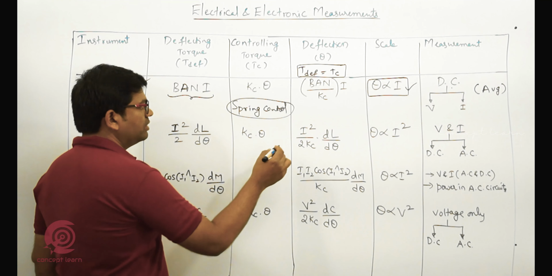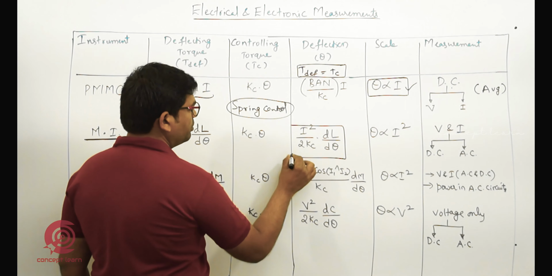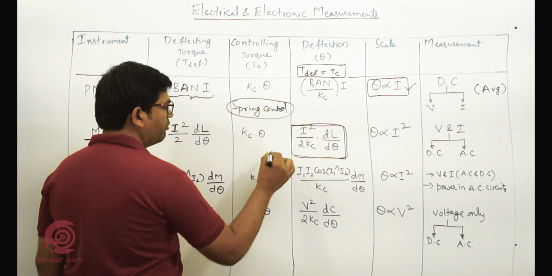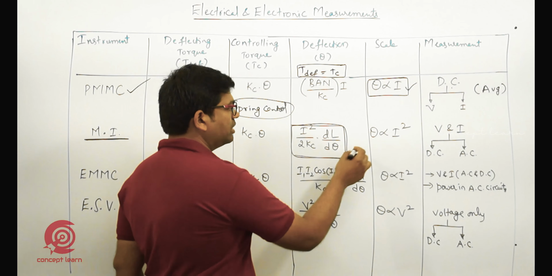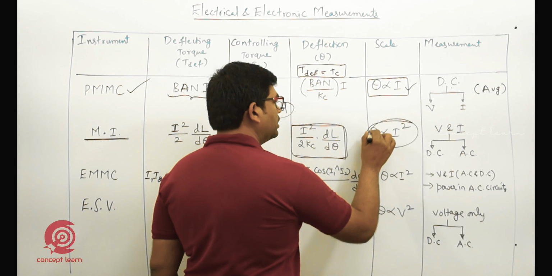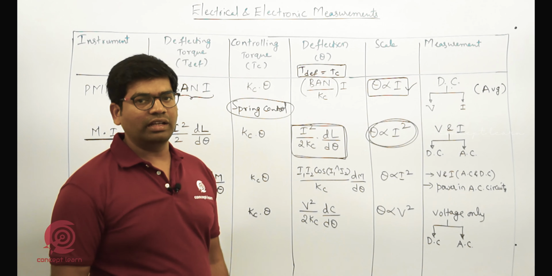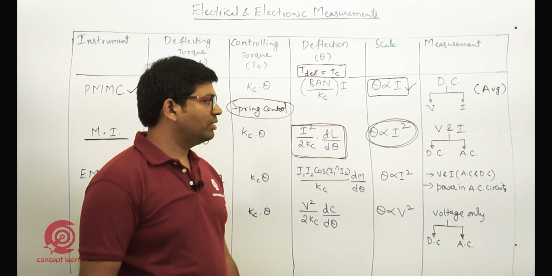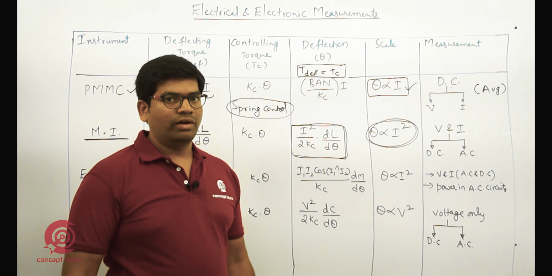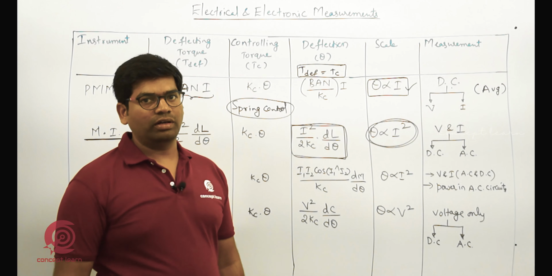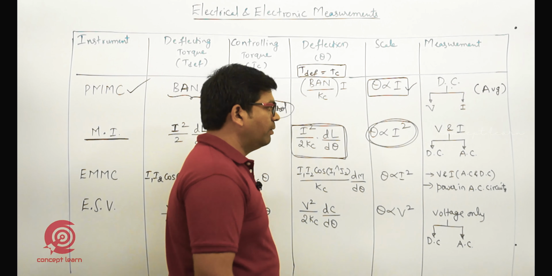When you combine, this is the result for moving iron instrument deflection. Theta is proportional to I square, so the scale is non-linear, a square law instrument, which you can call a cramped scale or non-uniform scale.